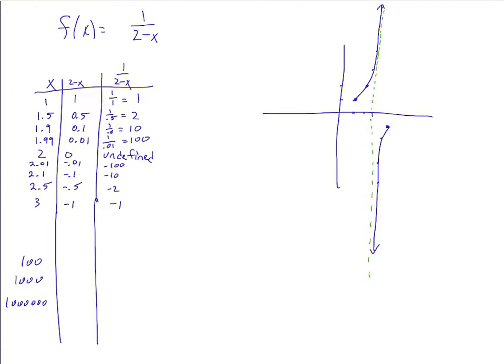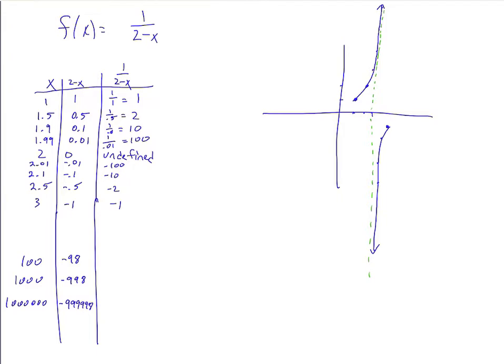What's going to happen to the denominator is it's going to get really, really big too, although negative. 2 minus 100, 2 minus 1,000, 2 minus 1,000,000. Really, really big negative numbers. But remember where those big negative numbers are going. They're going into the denominator. And what happens when you divide by a big number? You get a small answer.